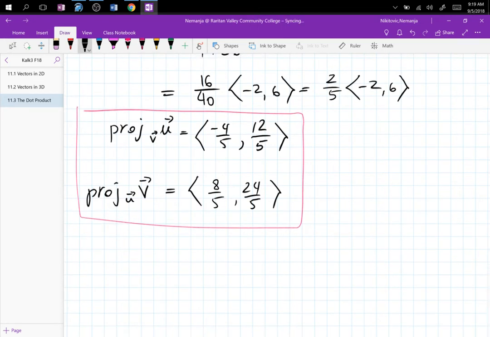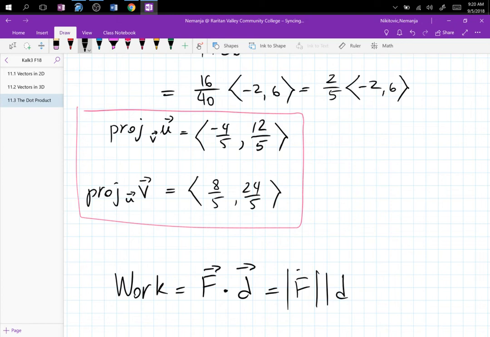So now, in physics, work is defined as the force times the distance, which we know we can write as the magnitude of the force times the distance times the cosine of the angle in between them.